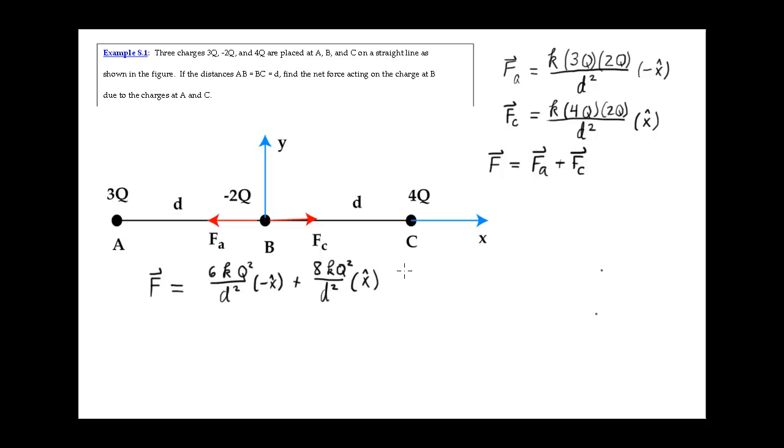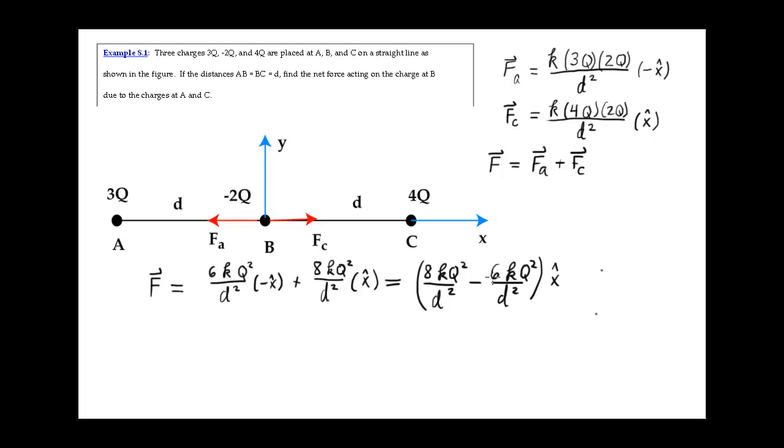And those x hats I can factor out of the expression, and I basically have now 8kQ squared over d squared minus 6kQ squared over d squared, and just put the x hat outside like that. And I've taken into account the signs by the way that I wrote down the two terms.